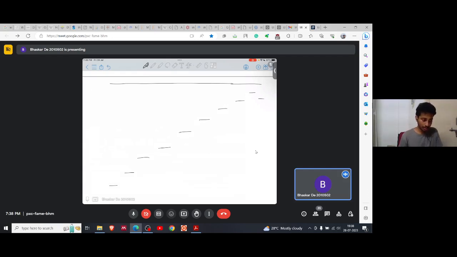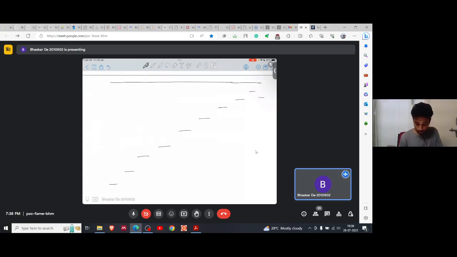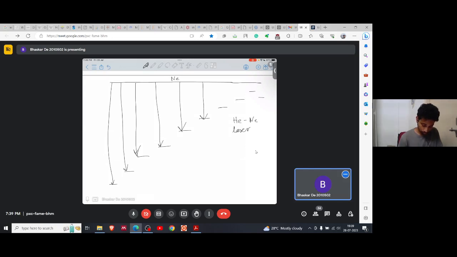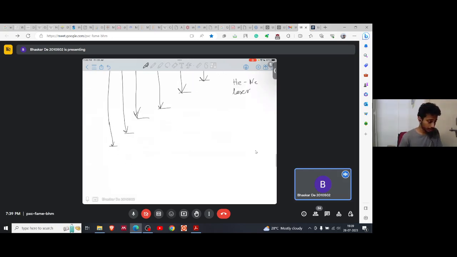Here we have one upper level, and here we have lots of lower levels. This is basically the diagram for one very well known laser that people use, the helium neon laser. This is the energy level diagram for neon. So the transitions are basically 1, 2, and so on. Here 10 transitions are there.